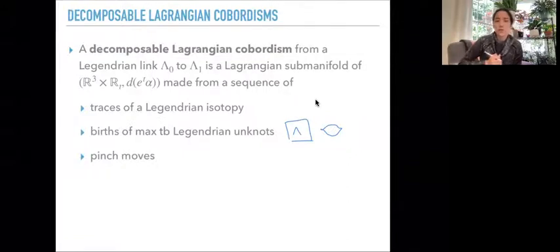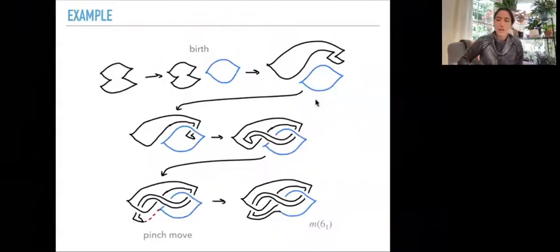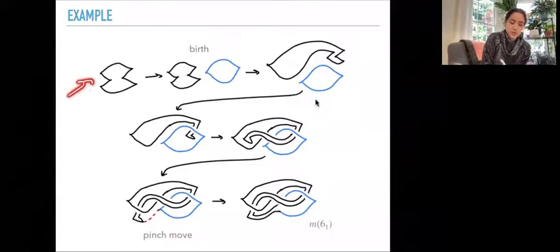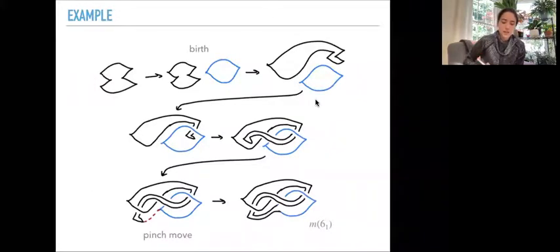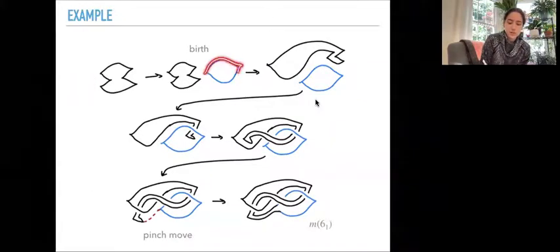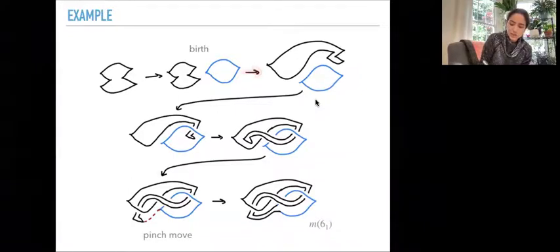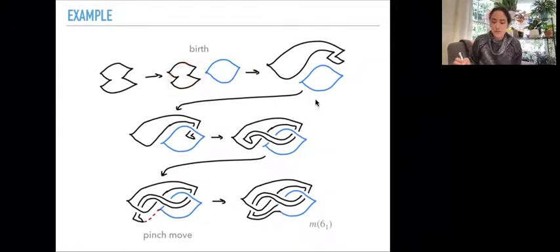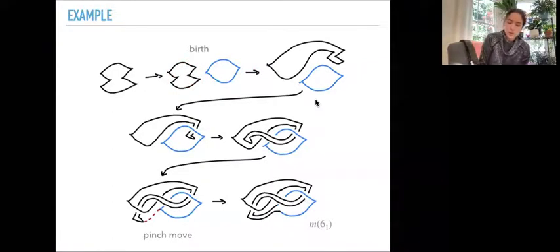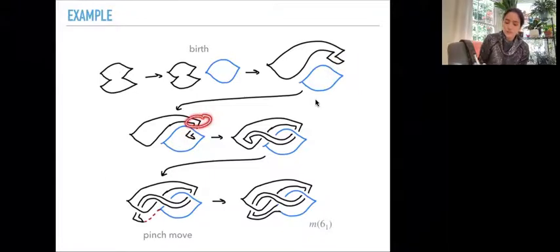Okay, and then the third move is pinch moves. To see an example of that, notice that here I'm starting with the twice stabilized unknot. In this first step, I'm doing a birth of a max tb unknot, and then I'm doing a bunch of isotopies. Basically, all I'm doing from here to here is stretching out this portion of the unknot and moving it around. First we stretch it out over here, then we push it under here, but notice that we're leaving behind two of the cusps.